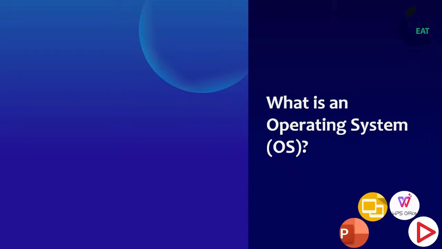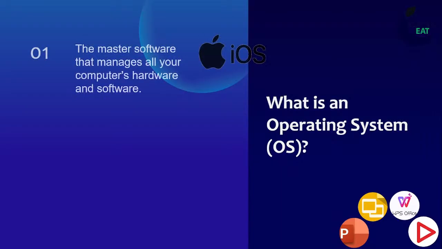So let's start with the OS, the operating system. Every single digital device you use, whether it's a laptop, a desktop, a tablet, or a smartphone, has an operating system. It's actually the first thing you see when your device powers on, and the last thing you see when it shuts down.